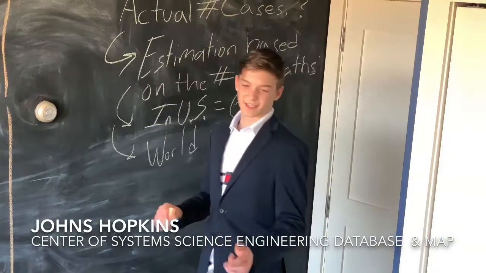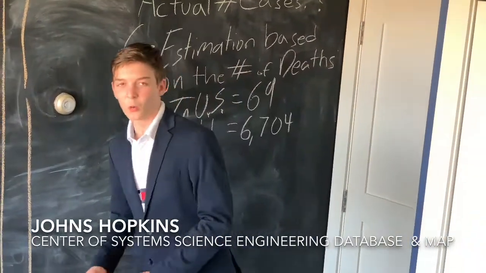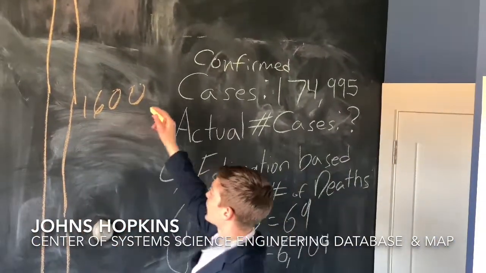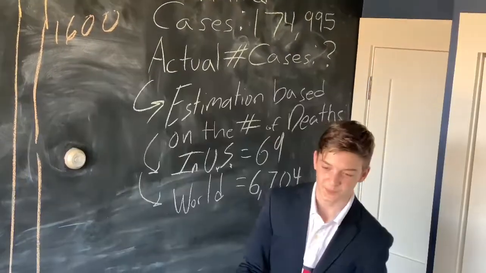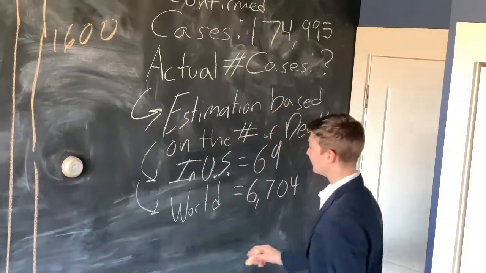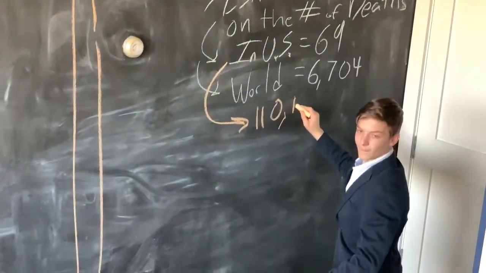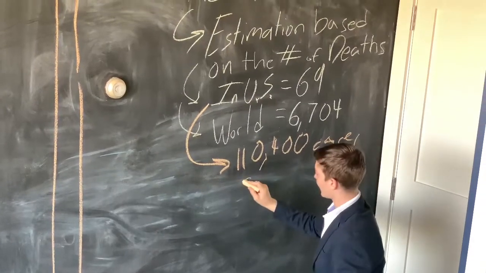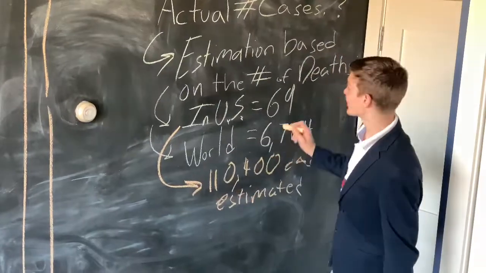There are about 69 deaths in the US, I've mentioned that, meaning that there are approximately, well, you can also use a shortcut using this method by multiplying it by 1,600 for every one death. 1,600 cases. And you can see there's 110,400 cases. So I'm going to write that here. Estimated.